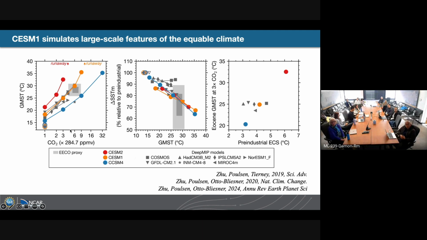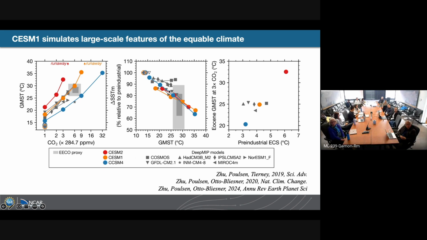And here the CO2 is from the boron isotope estimation. And then the y-axis is global mean temperature from my simple calculation. So again, you see that CESM1 is the best model to match the temperature and CO2.